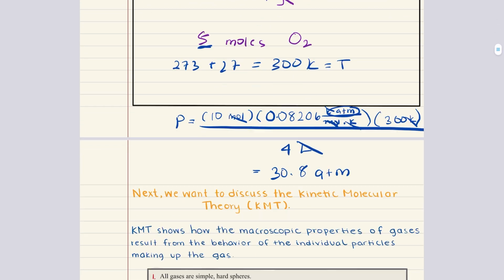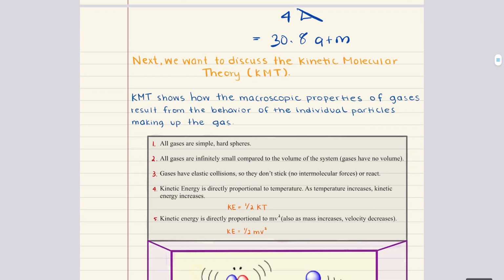Now that we've explored gas stoichiometry and we learned how to apply gas laws to real-world problems, it's time to take a step back and ask a deeper question. Why do gases behave the way they do?